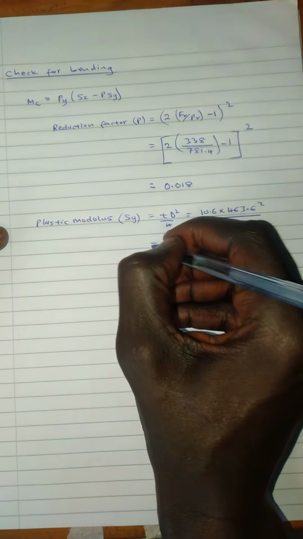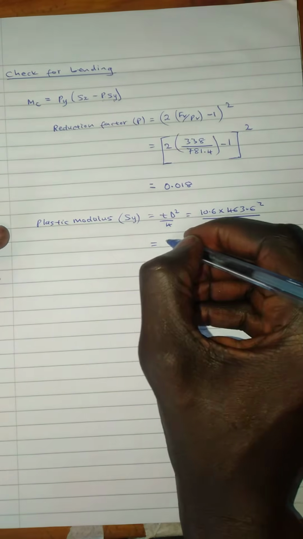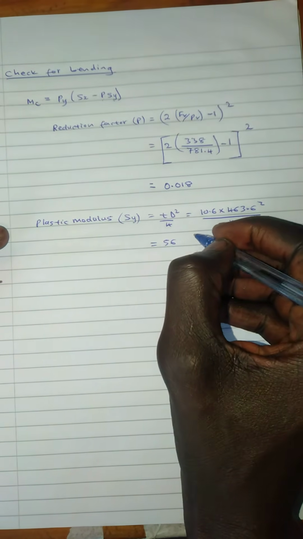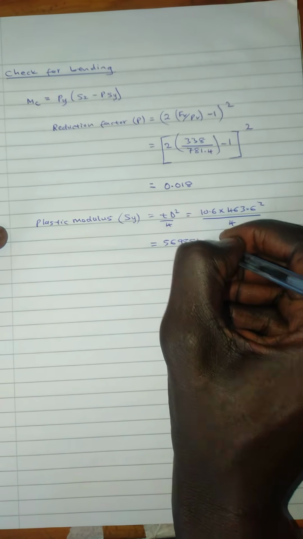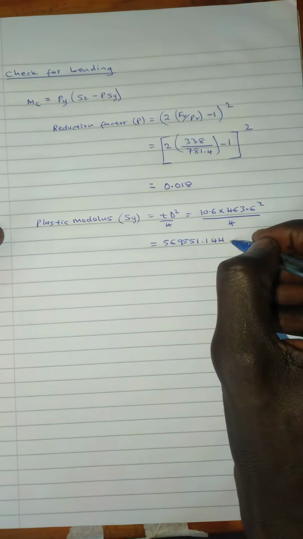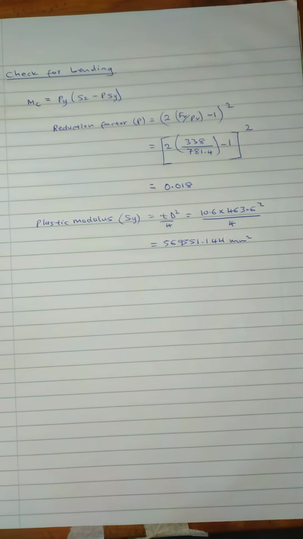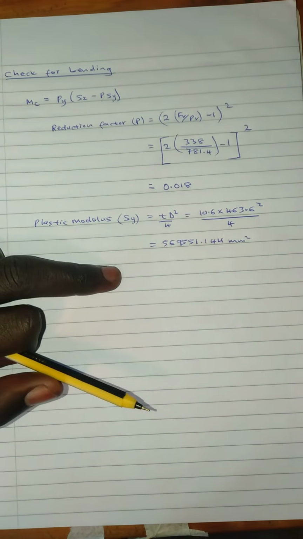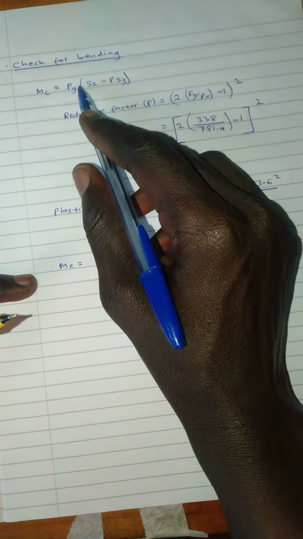So we find it to be 56,955.144 millimeters squared. Again, we can divide it by 1,000, but now we'll just use it like this.